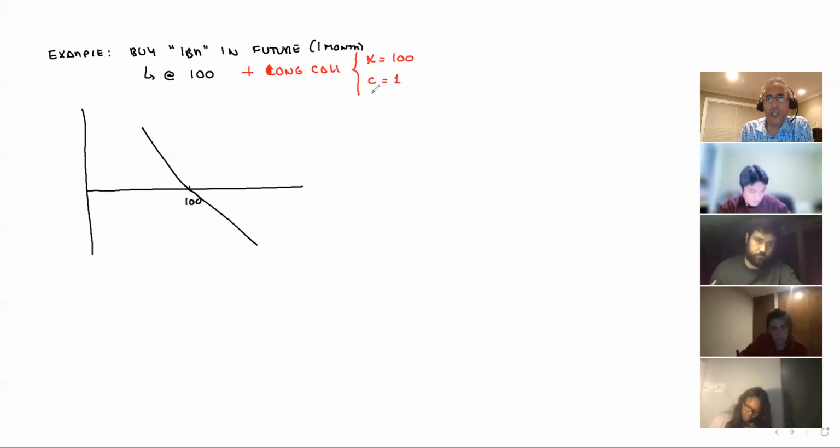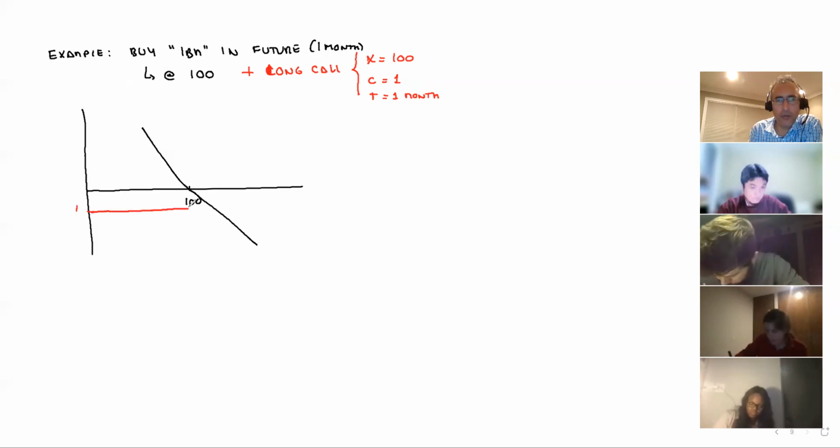Let's assume that maturity is also 1 month, so I match exactly what I want. So now, if you can follow me, guys, for a minute, a long call, the graph is like this. Do you agree? So I pay 1. When it arrives to 100, it starts going up. Agree with me or not? This is my long call.